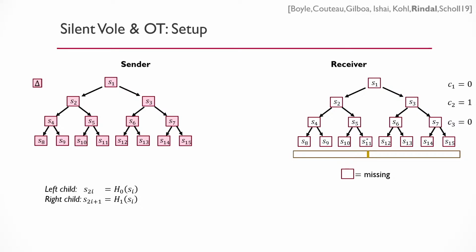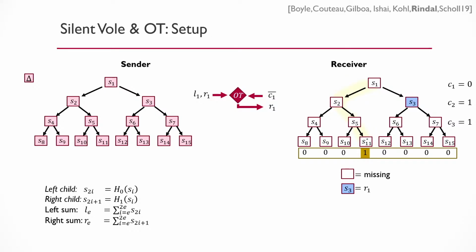The idea is the sender will pick some seed of a binary tree and then use a PRG to expand it to get a bunch of leaf values. These are all random values. And there's a special root to leaf path that the receiver, who knows the index, knows this vector, so they know the position that it's at. But what they want is a secret sharing of delta at this position.